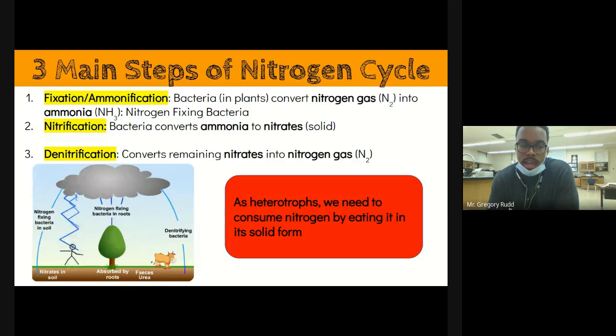The second step is nitrification, in which different types of bacteria convert the ammonia into a solid form called a nitrate. And then lastly, denitrification converts the remaining nitrates back into nitrogen gas, where it will return to the atmosphere.